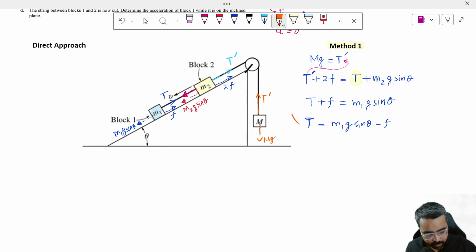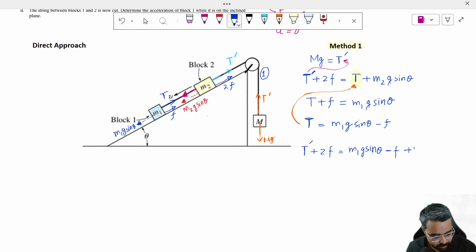So students, I am going to substitute its value here. So now T prime, the tension in the first string, I'm considering this as the first string. So T prime plus 2F is equal to m1g sine theta minus F plus m2g sine theta.